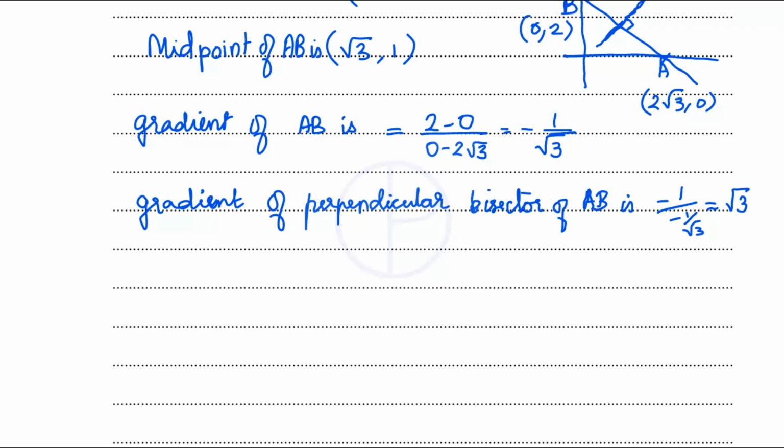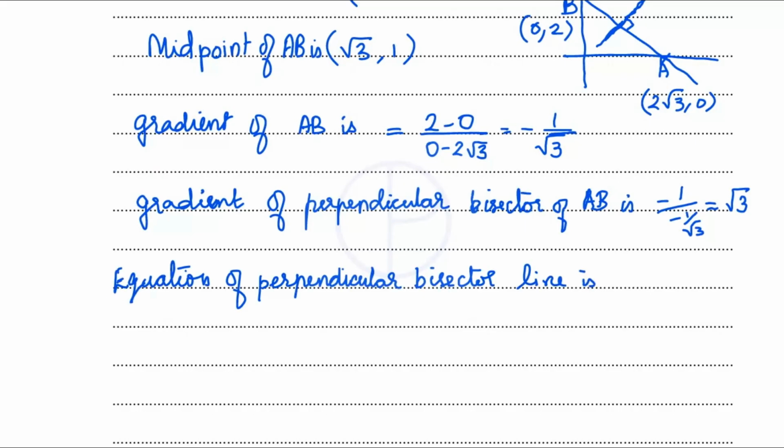Now we know the gradient of the perpendicular bisector and we know a point which lies on the perpendicular bisector line. So let's write the equation. Y minus 1 equal to the gradient, square root of 3, times x minus square root of 3. Let's simplify this.